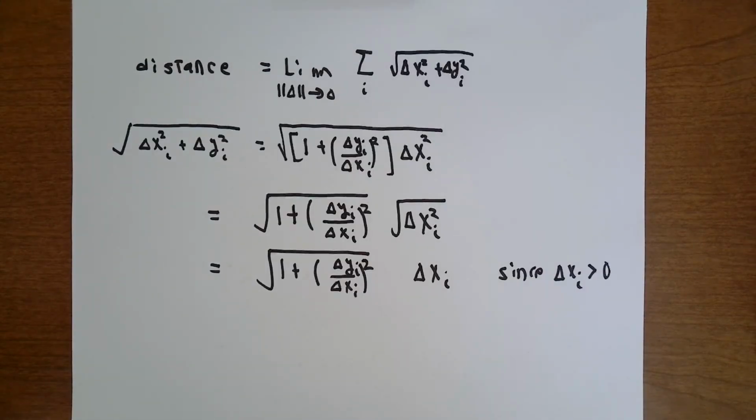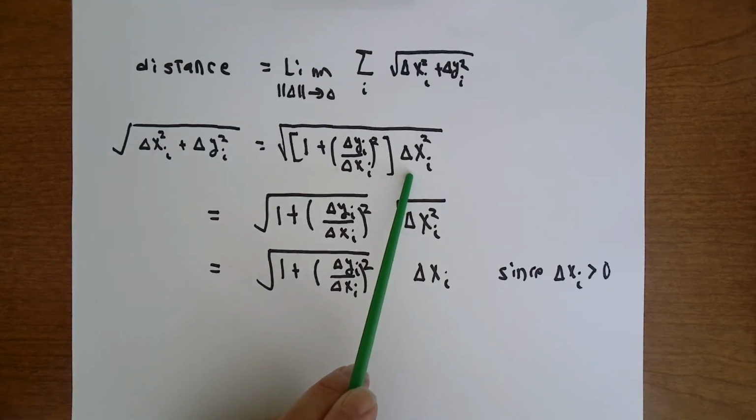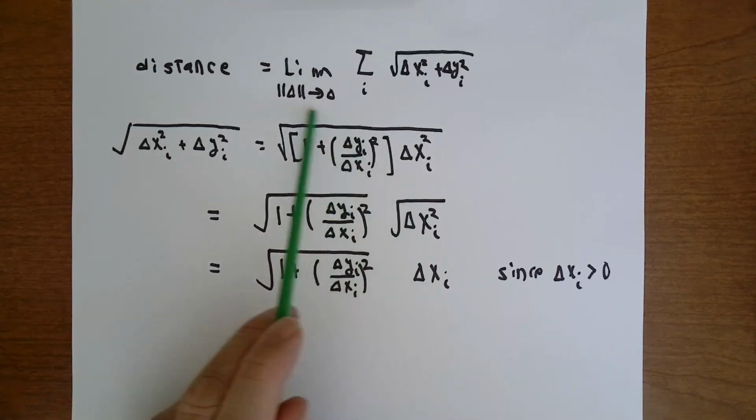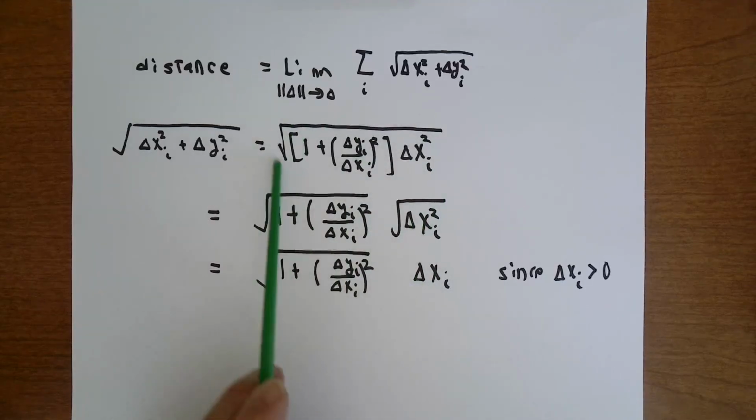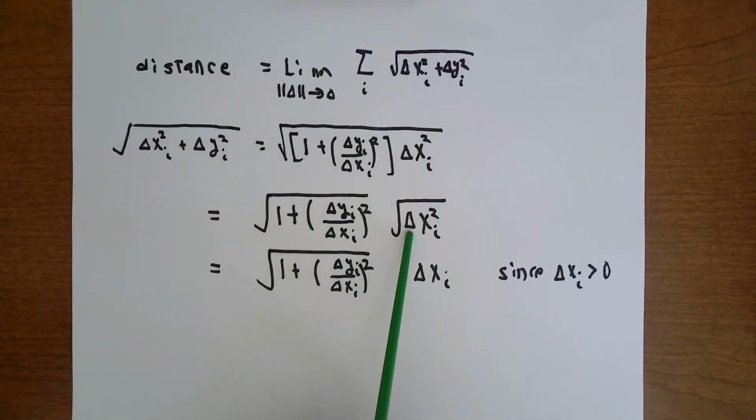I can do something about that, though, by doing some algebra. Underneath the square root sign, factor out delta x sub i squared, then use properties of square roots to split this into the product of two square roots.